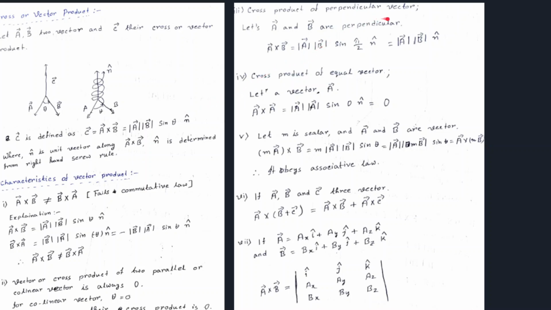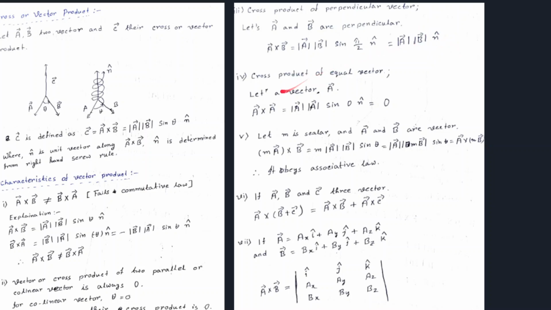Now the cross product of perpendicular vectors: A cross B, if they are perpendicular, then sine pi by 2 is equal to 1, because for perpendicular vectors the angle is pi by 2. Then A cross B is mod of A into mod of B and n cap. N cap is the direction of that.